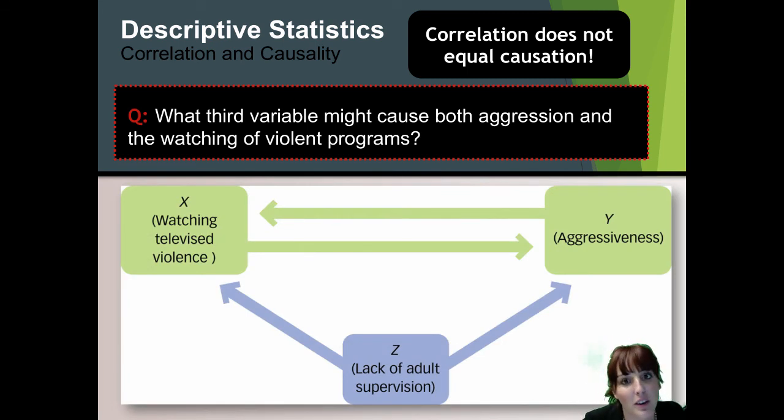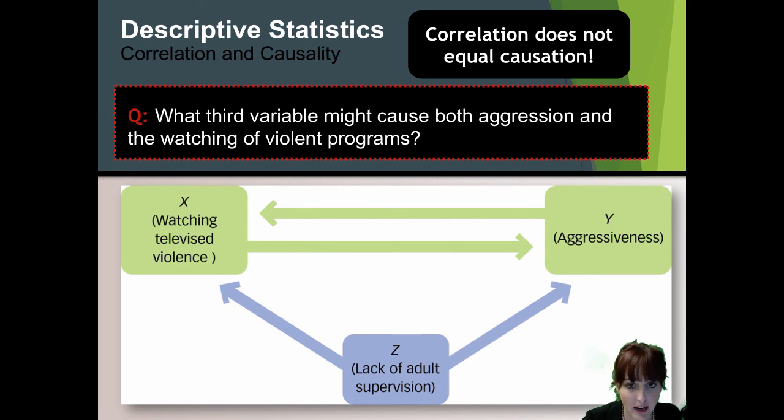If your guess was parenting, then your guess was highly accurate. The third variable for this relationship between watching violent television and being aggressive could possibly be that these children have a lack of adult supervision. A lack of adult supervision is very likely to lead to you watching a violent show.